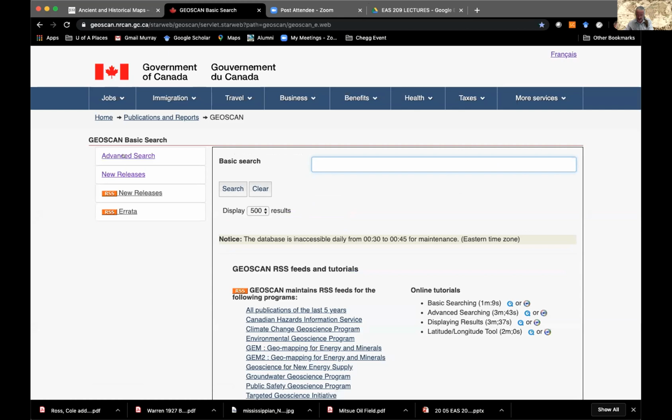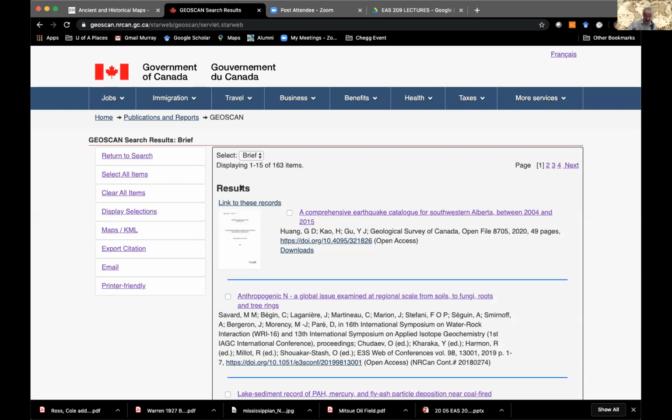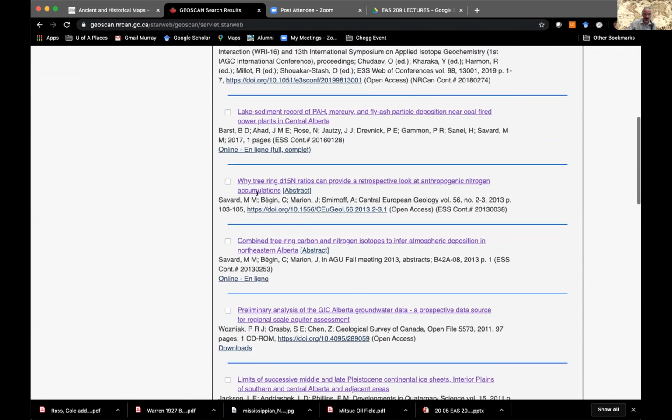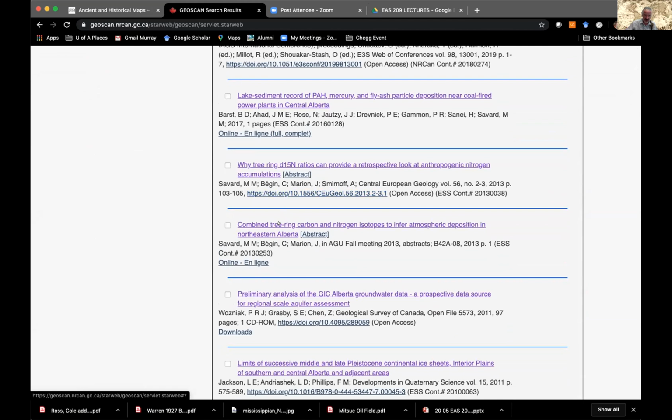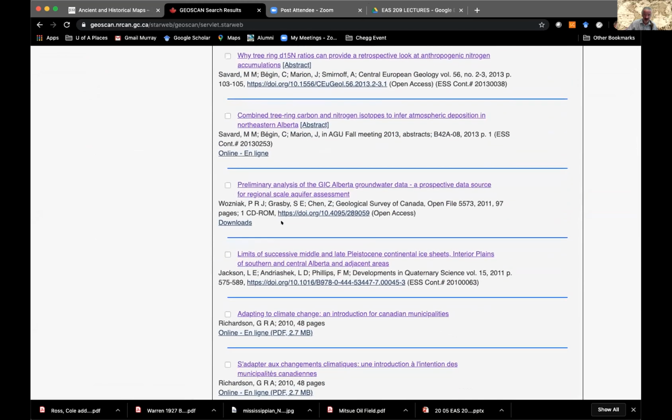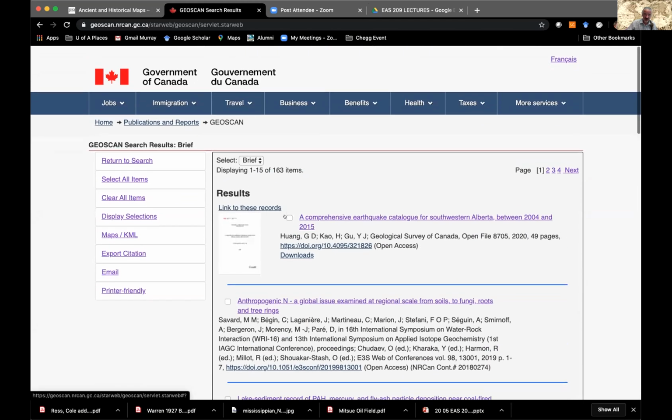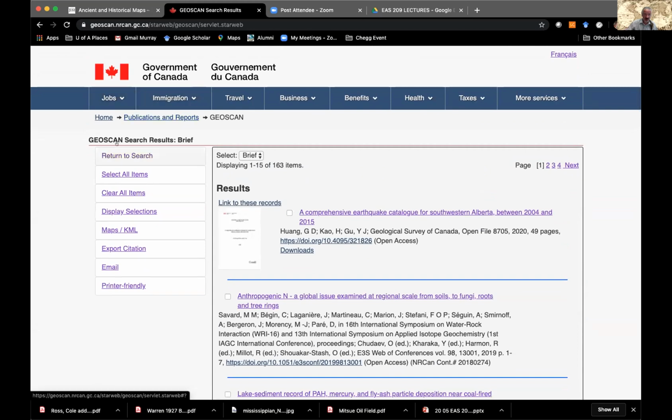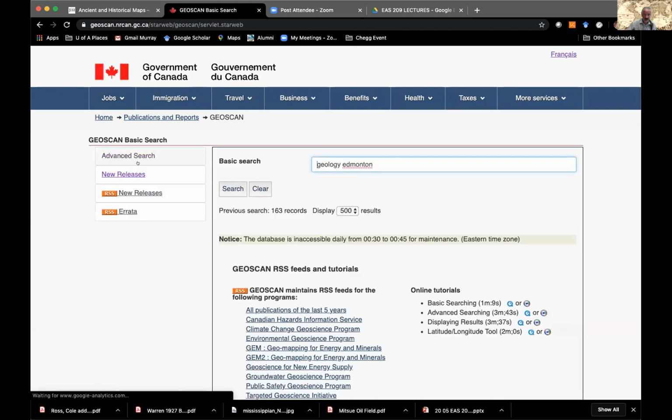If you wanted to search the geology of Edmonton, you can do a search of the geology of Edmonton, and some things come up. Sometimes you get a whole lot of things: combined tree ring data, preliminary analysis of groundwater. So if I don't like what I see, then I'll refine the search terms a little bit.